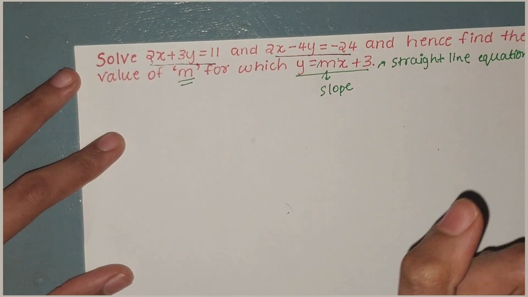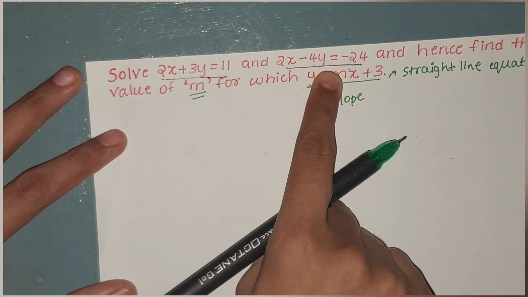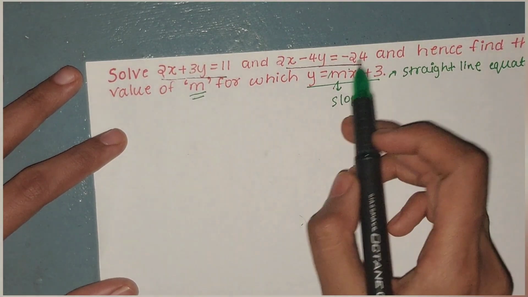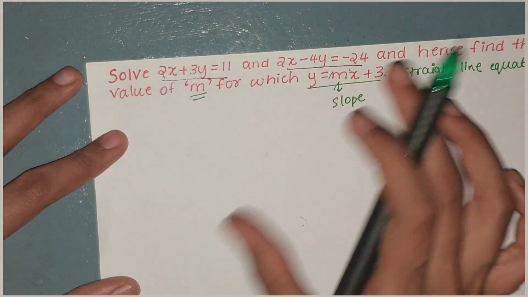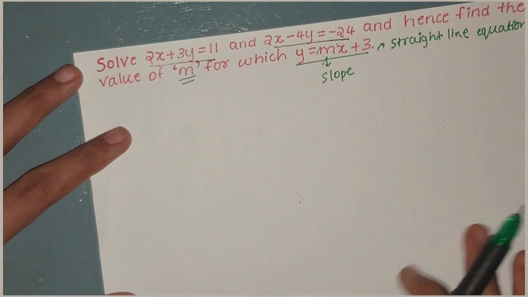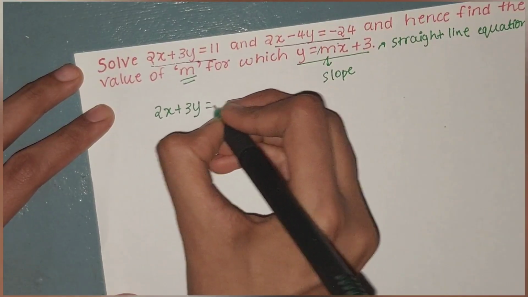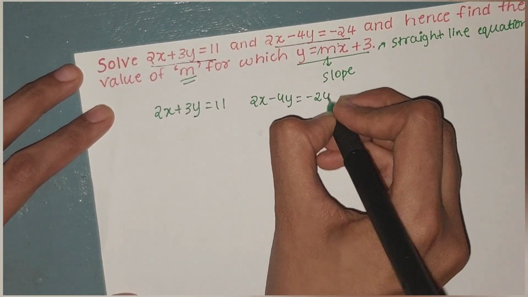So let me tell you the roadmap first. How should you solve this? You're going to solve these both by the substitution method. You'll get x and y, and you're going to substitute that x and y into this equation and you'll get m. That's it. Let me start solving it. So 2x plus 3y is equal to 11. 2x minus 4y is equal to minus 24.